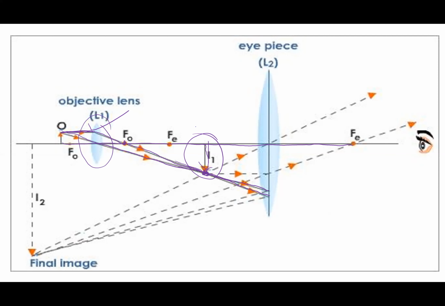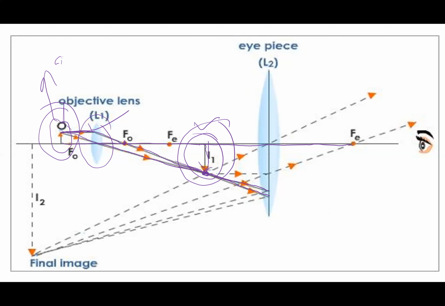It is larger in size as compared to the object. This is the object, and this is the image. So the image is larger as compared to the object's size.